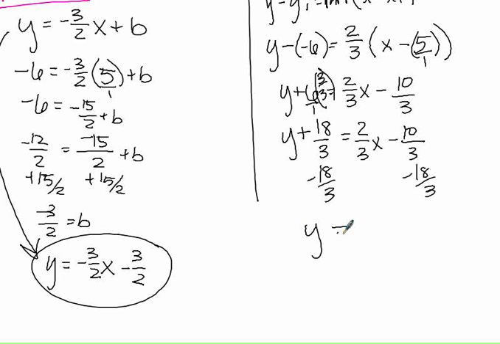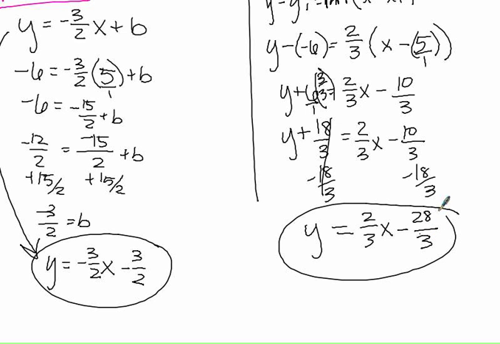So I've got y is equal to, that cancels out, 2/3 x, and then negative 10 minus 18 leaves me with a negative 28/3. As far as I know, you cannot simplify that anymore, so that's what we end up with for the two functions.